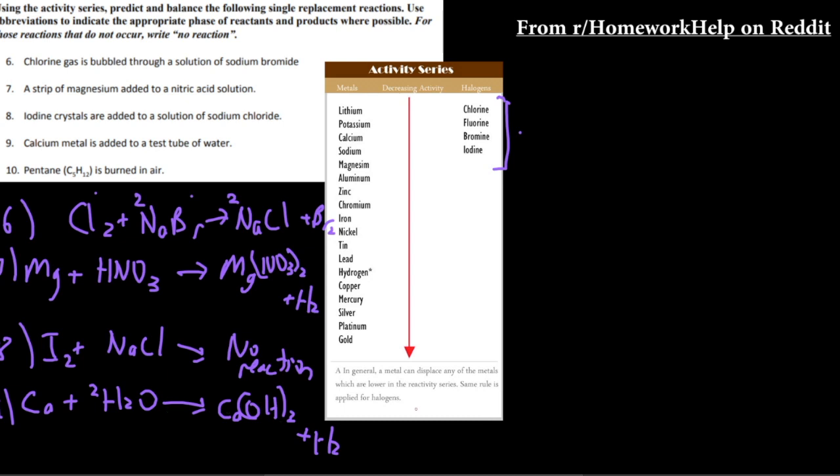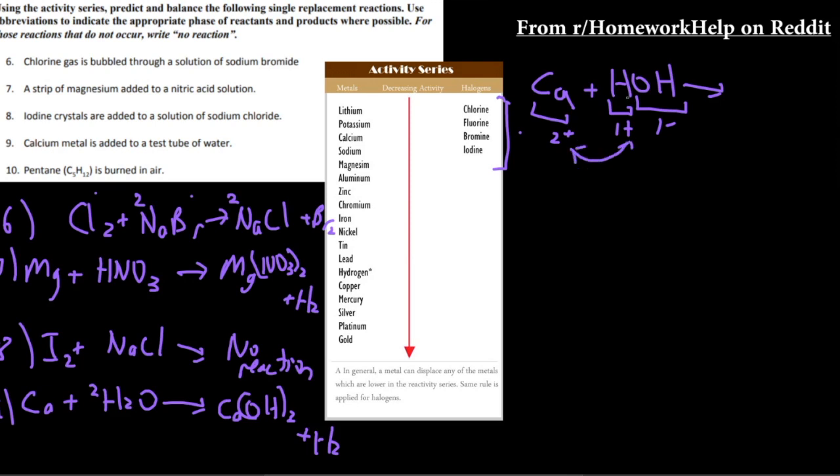Another way to visualize number 9, I'll write it again over here. It would have been Ca plus HOH. HOH is the same as H2O, but this way you can see it a little bit better. OH minus and H plus. Calcium is usually 2 plus, hydrogen is usually 1 plus, OH is usually 1 minus. So we're pretty much just flipping the 2 metals.